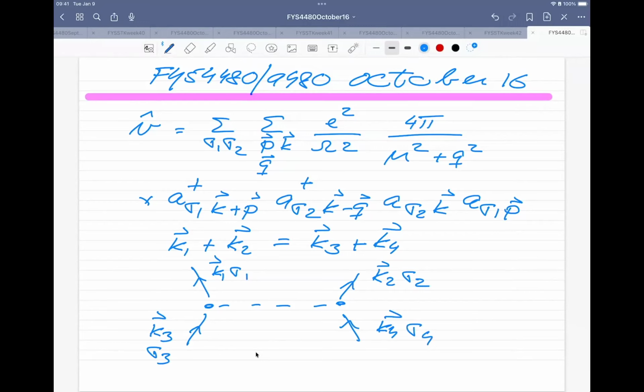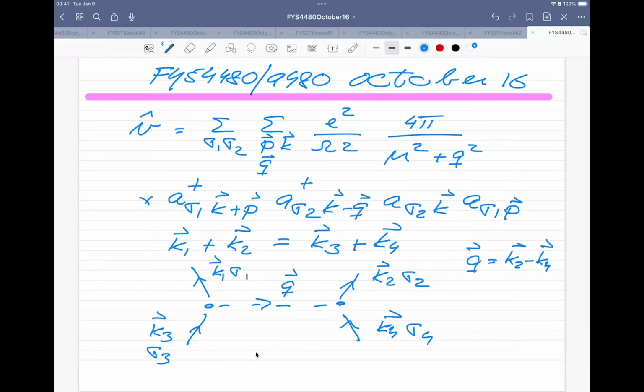Now, what we did last time was then to introduce some new variables. So we have that K1 plus K2 is equal to K3 plus K4. We can manipulate these expressions and introduce the relative momentum. So what we would do then is to define a new variable Q, which is given by K2 minus K4. So we would typically write this momentum here as a K here, now Q here.